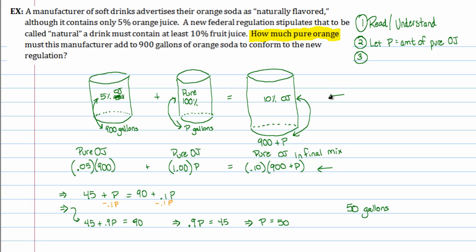This picture, by the way, is a great picture to use for mixture problems. It works whether you're mixing peanuts and cashews or you're mixing a 6% acid solution with a 13% acid solution to produce a 12% acid solution. It works for all of those problems.